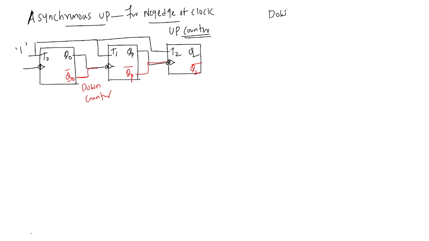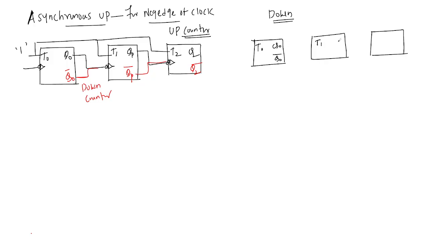How to design the down counter? You have three flip flops: T0, Q0, Q0 bar, T1, Q1, Q1 bar, T2, Q2, and Q2 bar.